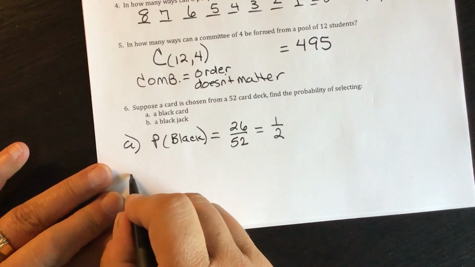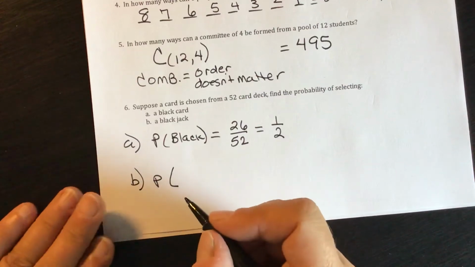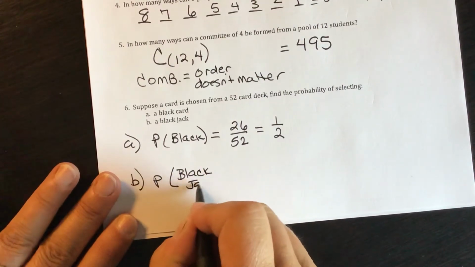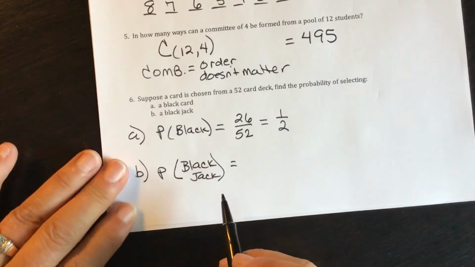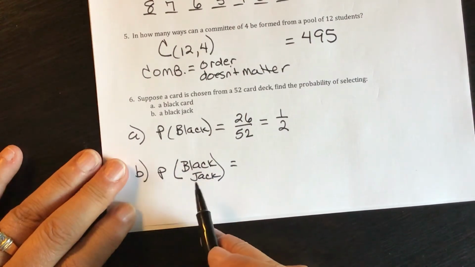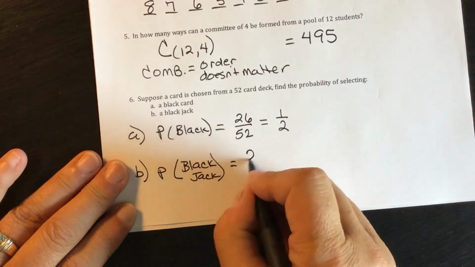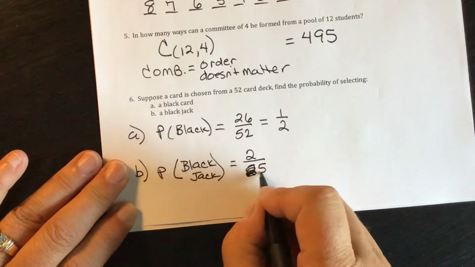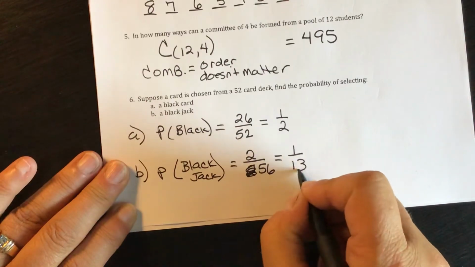And then part B asks to find the probability that we get a black jack. So in the deck of cards, there are 4 jacks. A spade and a club are black. So 2 out of 56 are black, and that would be 1 out of 13.